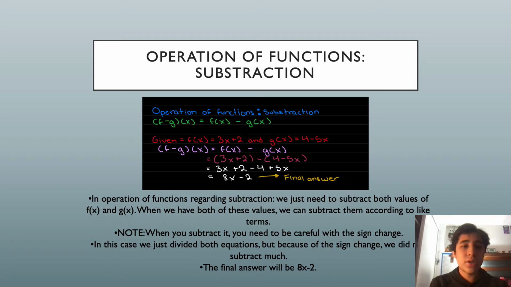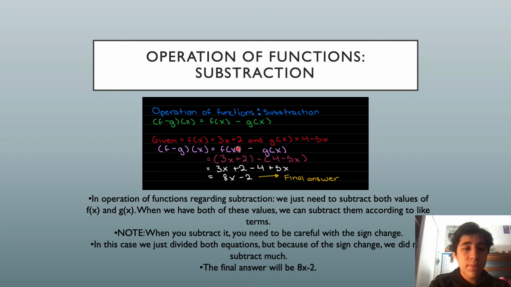Operation of functions, subtraction. Another example of this operation is basically the same thing. We just need to subtract both of the following equations, f of x and g of x. F of x in this case is 3x plus 2, and g of x is 4 minus 5x.